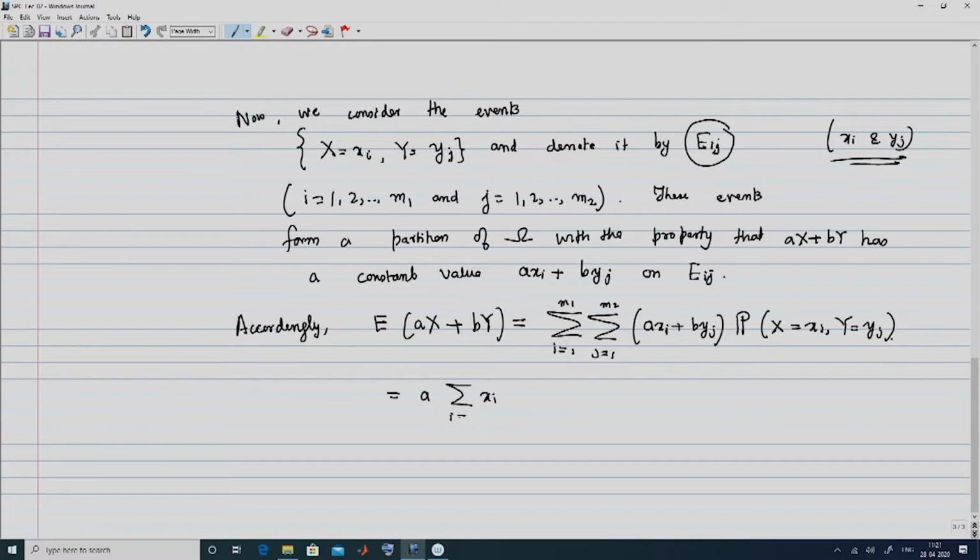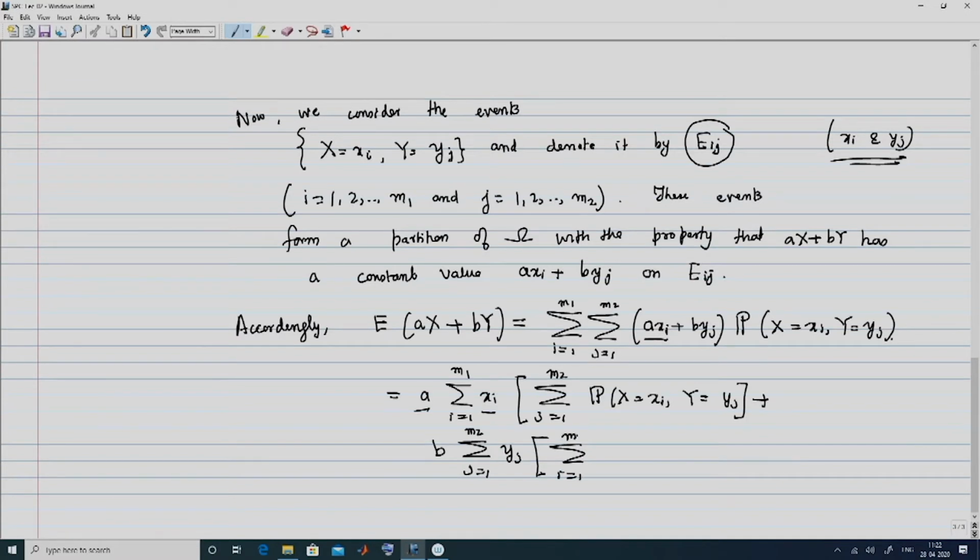This is going to be a times the summation of x_i, i equal to 1 to m1, and within the bracket the summation j equal to 1 to m2 of the probability of X equal to x_i and Y equal to y_j. So I have the term a x_i accommodated here along with the probability, plus the second term, b times the summation j equal to 1 to m2 of y_j, and within it the summation from i equal to 1 to m1 of the probability that X equal to x_i and Y equal to y_j.